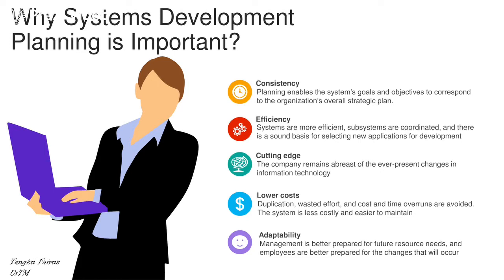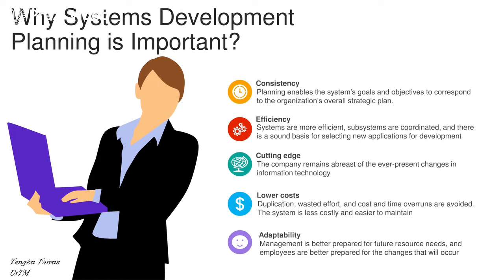The last reason is management. They want to better prepare for future resource needs. When they have proper planning, the management knows the resource needs and is better prepared for changes that may occur.